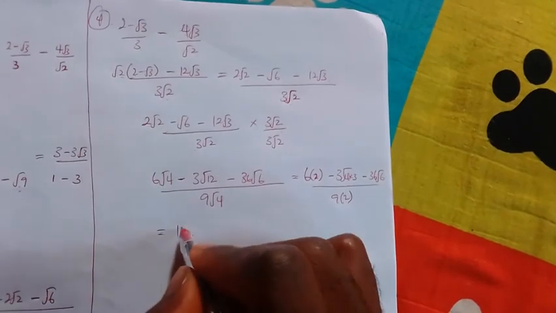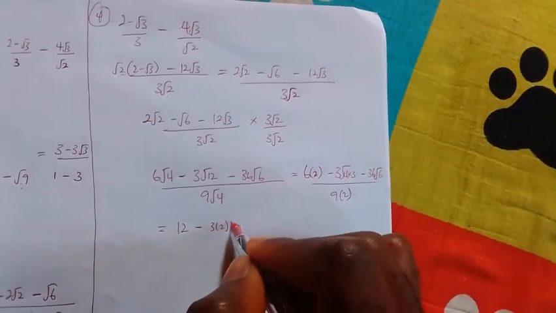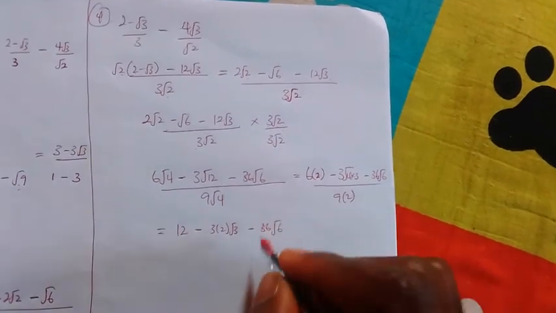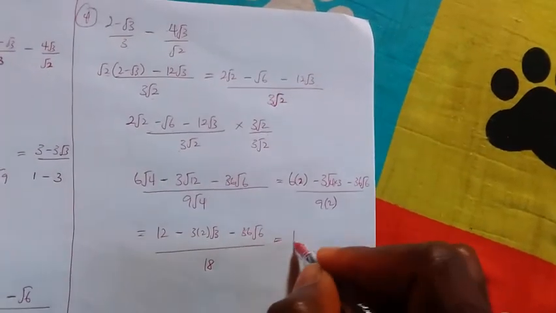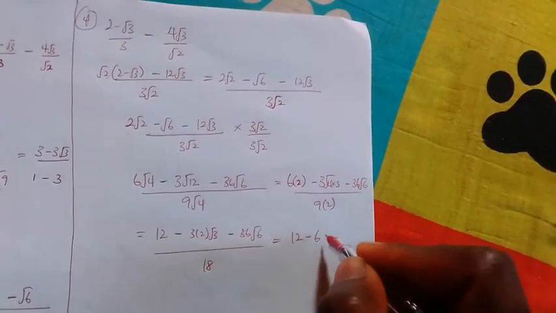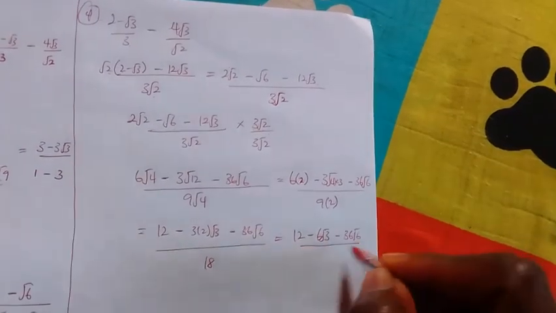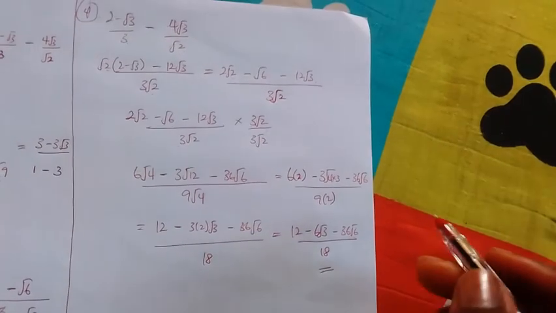Then we have this as 12 minus 3 times 2 root 3 minus 36 root 6 over what? 18. Finally, we have this as 12 minus 6 root 3 minus 36 root 6 over 18. And that is my answer.